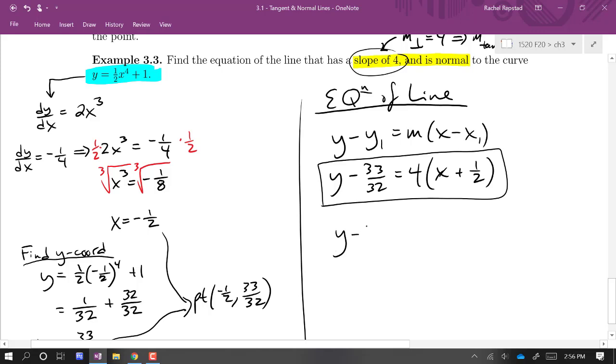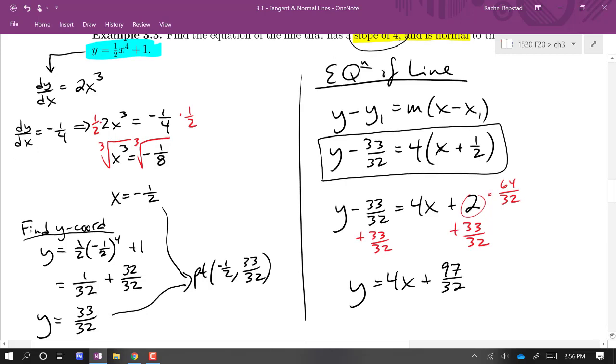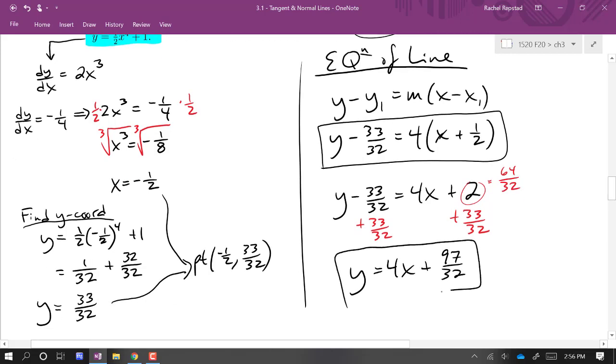Let's distribute that 4. That's 4x plus 2, and we're going to add 33/32. 2 is the same as 64/32, so that is 97/32. And there's the equation of a line.